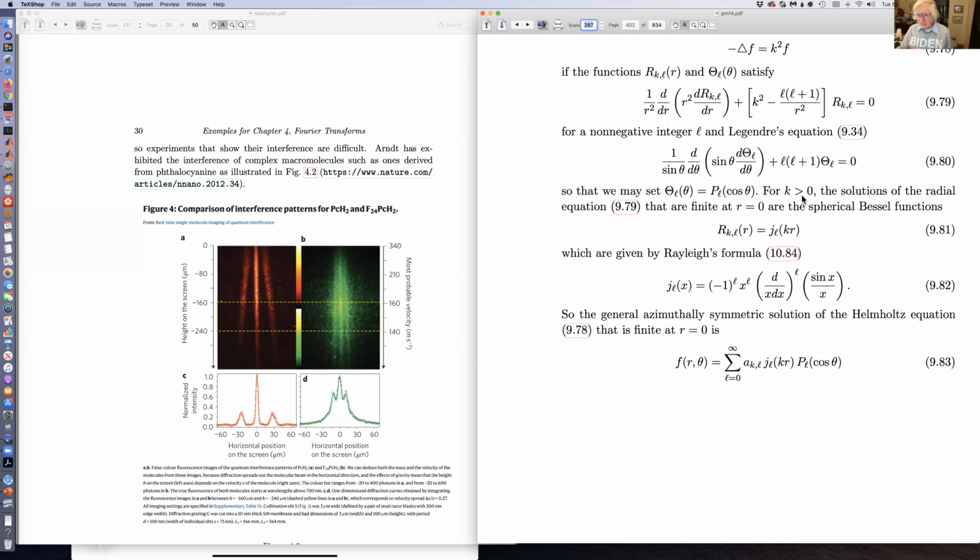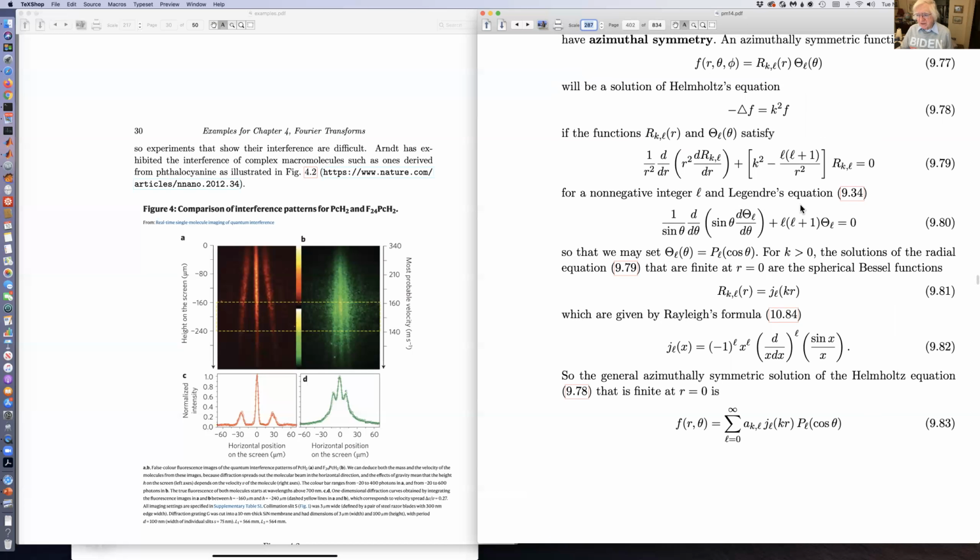And for positive k, the solutions of the radial equation, these ones here, that are finite at r equals 0 are the spherical Bessel functions. And the spherical Bessel functions are rather simple, nice functions. They're just simple derivatives of sine x over x. And when I say they're nice, what I'm thinking of is that the cylindrical Bessel functions are much worse.